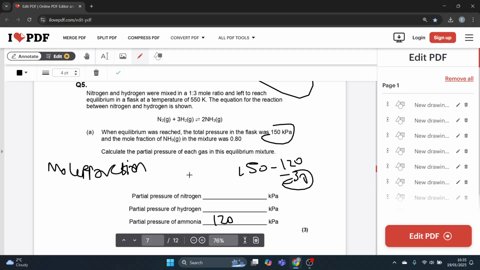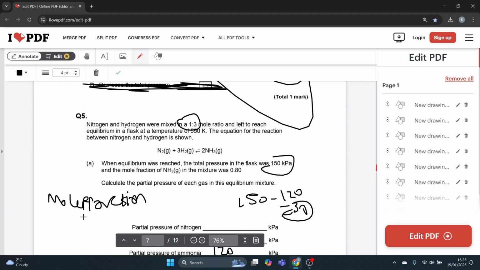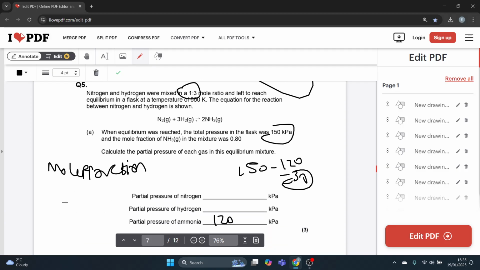Therefore the partial pressures of each gas follow the 1 to 3 molar ratio, so add them both up, that'll be 4. 30 divided by 4 gives me the partial pressure of nitrogen, 7.5. And therefore 150 minus 120 minus 7.5 is the partial pressure of hydrogen, 22.5.